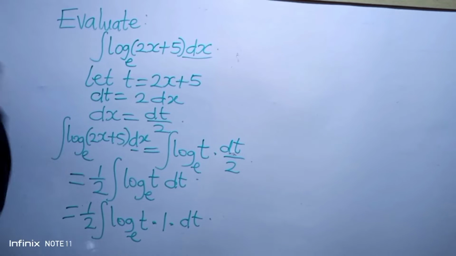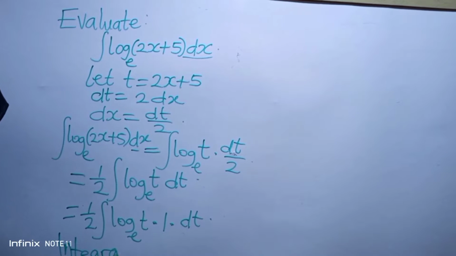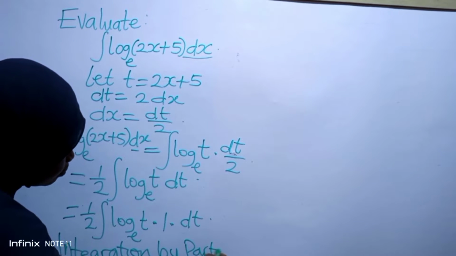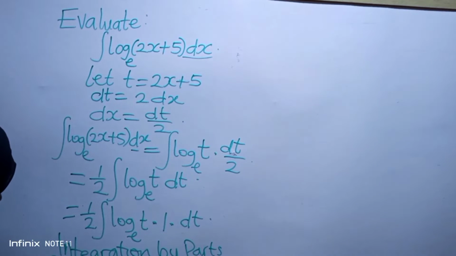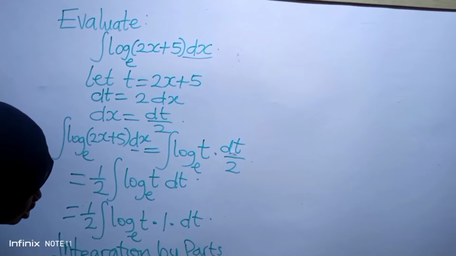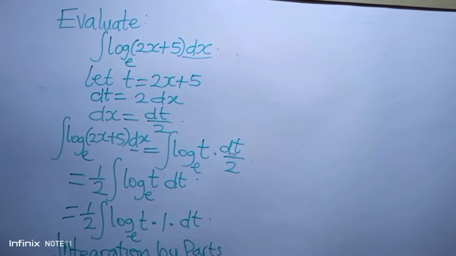If you multiply any number or expression by 1, it is as if you are not multiplying it at all. Now, for me to use integration by parts, the formula is: the integral of u dv is equal to uv minus the integral of v du. Which one do I take as u and which as dv out of log t base e multiplied by 1 dt?